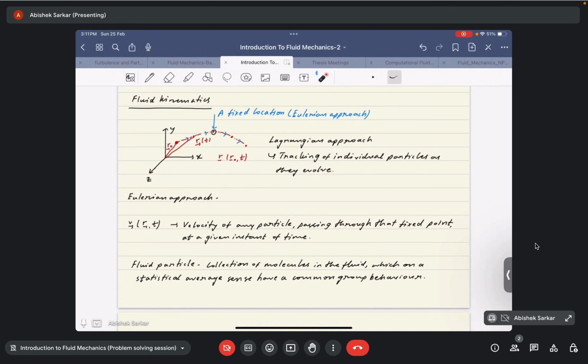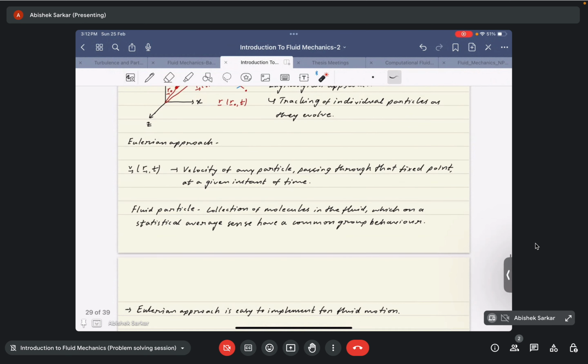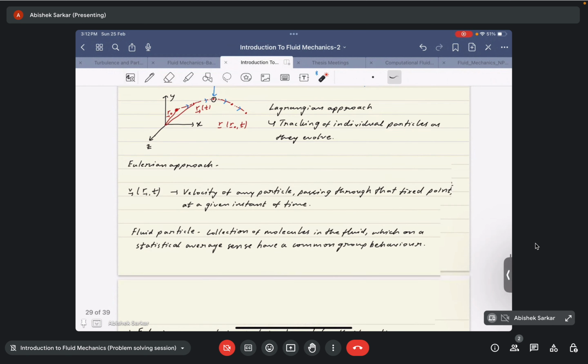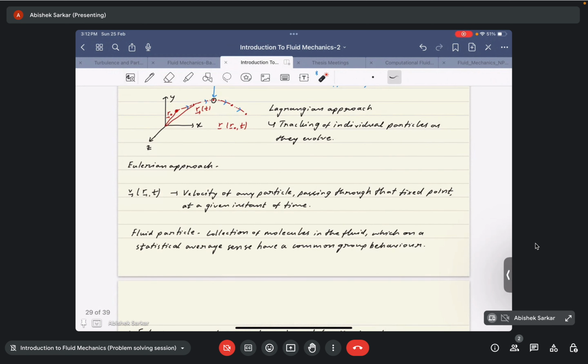Okay, but as it logically comes into picture that these kind of approaches would be highly expensive computationally, and is thus not being replaced but aided by a different kind of fluid flow approach that is known as the Eulerian approach, where the flow parameters of the fluid flow are analyzed with respect to a particular fixed point at a given instant of time.